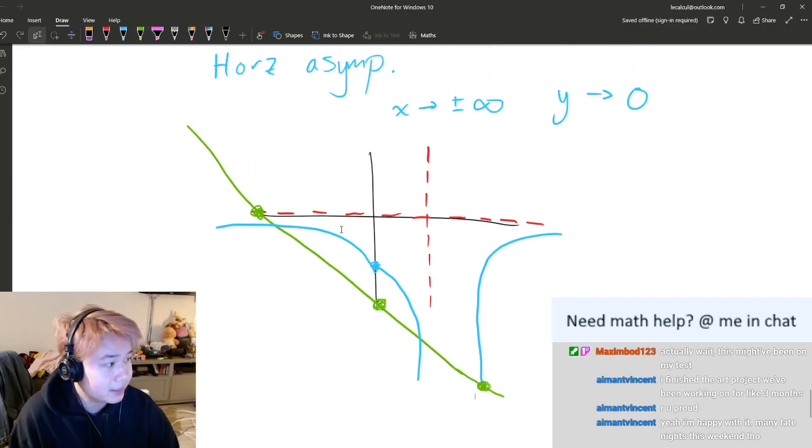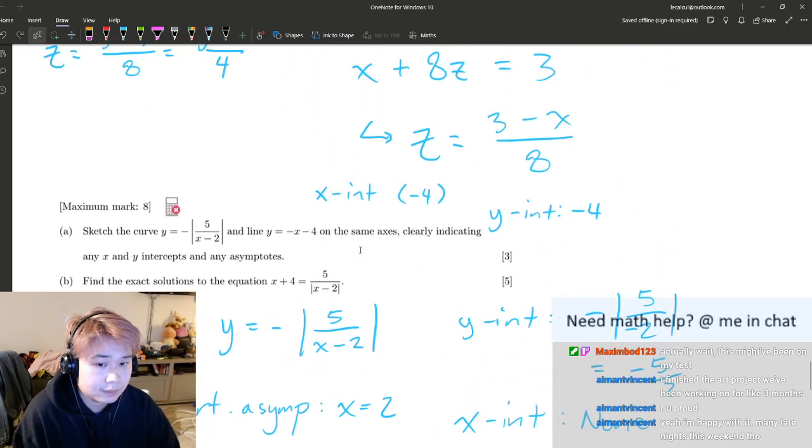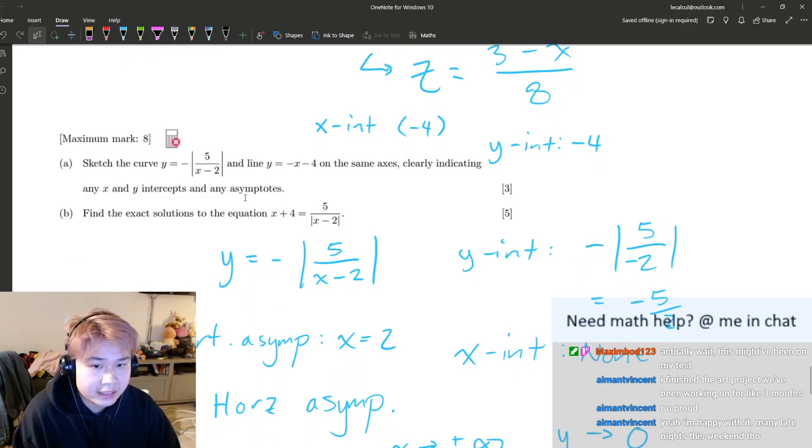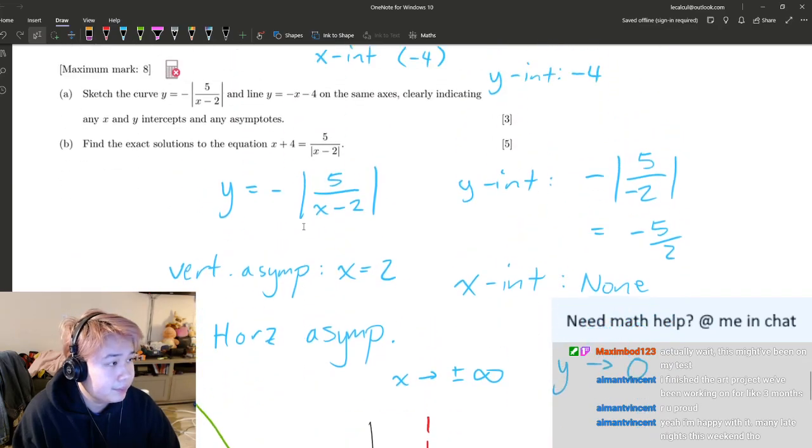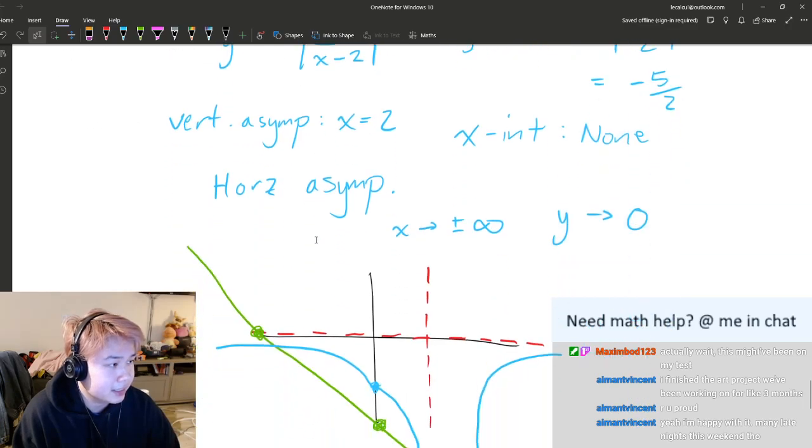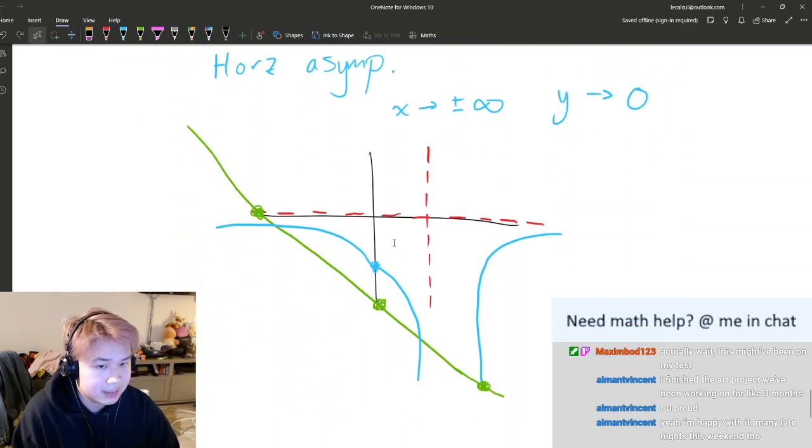So here's my sketch. And then now I need to find the exact solutions, in other words, where they intersect. You can see that there's going to be two intersections, one right here, and one down here.